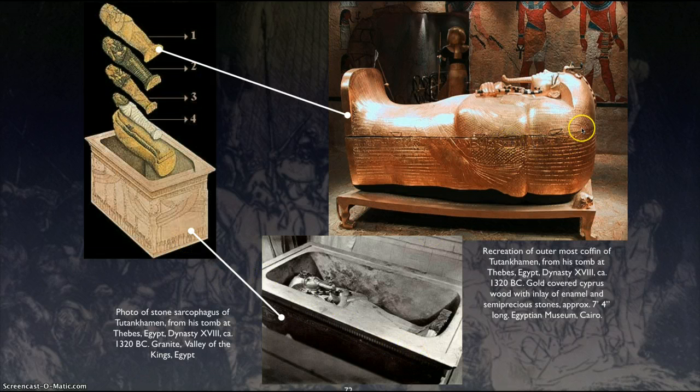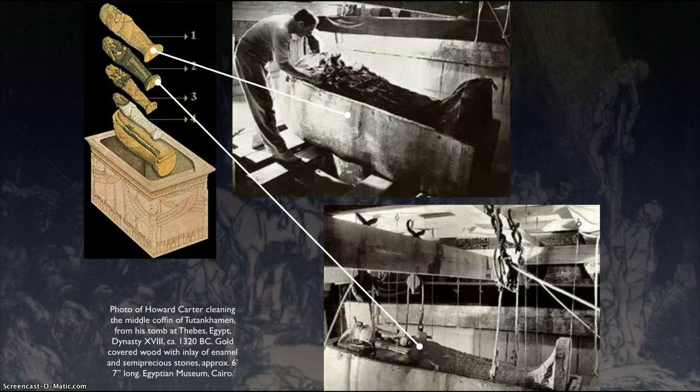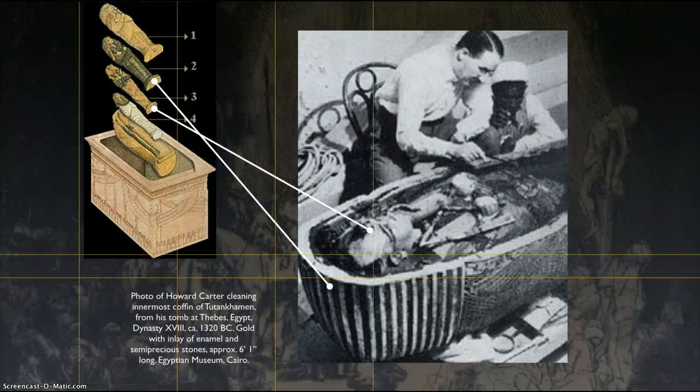Inside of that is this wood, gold-covered coffin. And when they opened that up, what did they find but another coffin that was wood and gold-covered? They opened that up, and what did they find? They didn't find a coffin that was wood and gold covered.